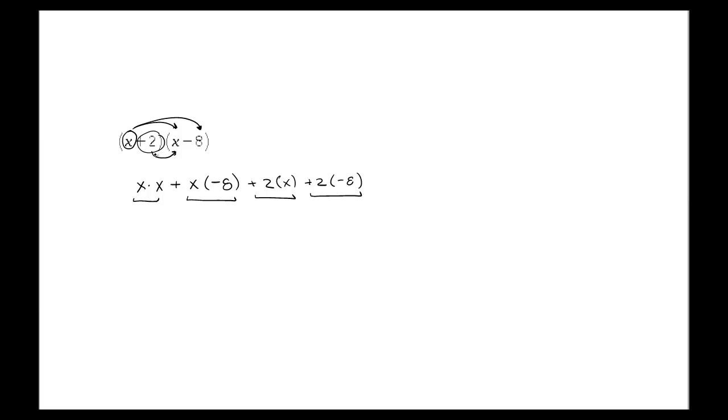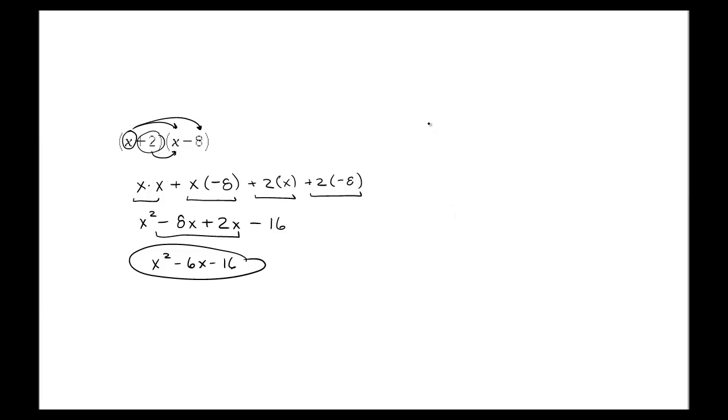And I'm going to simplify this to x squared minus 8x plus 2x minus 16. I can combine these two like terms, so I have x squared minus 6x minus 16. And that's my simplified answer.